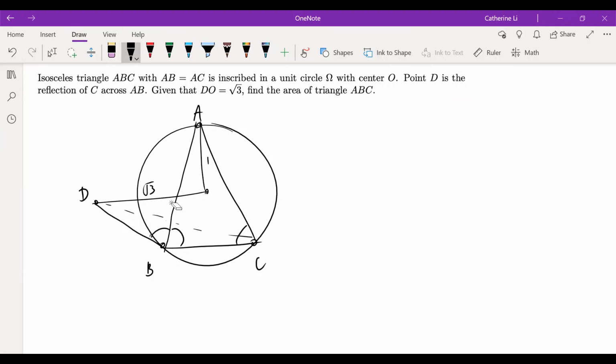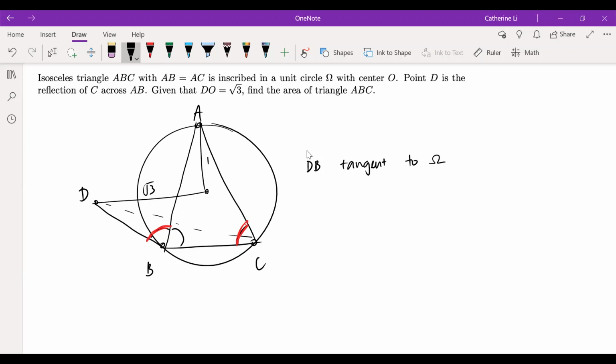And we know that this angle is then this angle. And if you recall from the thing at the beginning, that means that DB is tangent to the circle omega.